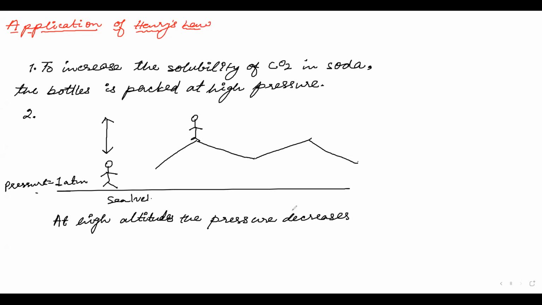Now, our body is generally accustomed to experiencing one atmospheric pressure, and our whole biological system is built around it. At one atmospheric pressure, the amount of oxygen dissolved in our blood would be some quantity, but if we decrease the pressure, the concentration of oxygen will also decrease. At high altitude, the pressure decreases.